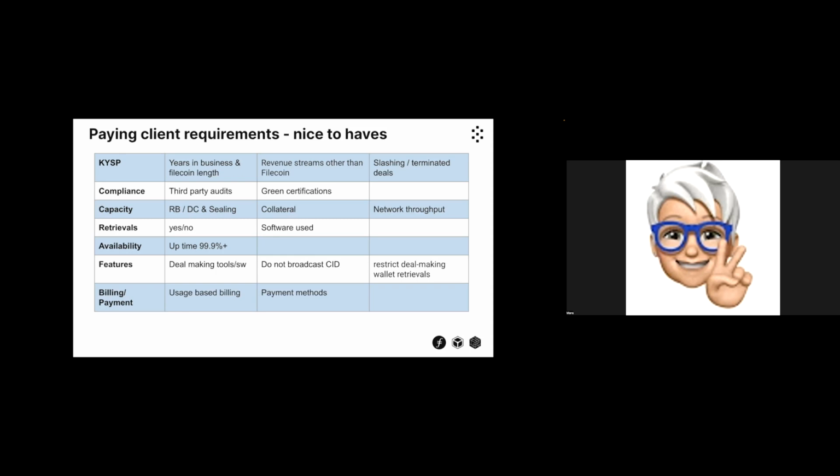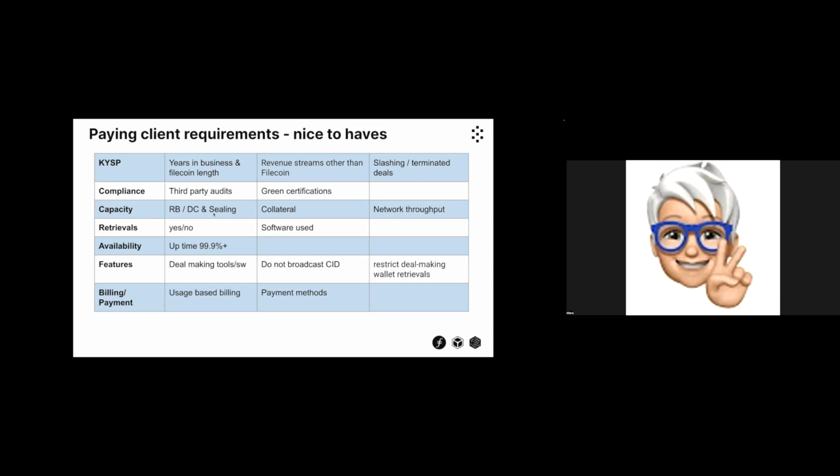It's part of understanding and knowing the service provider in terms of how stable are they? Is this just Filecoin? Because that may have a risk profile to them that is higher or lower, probably higher to them than if they know that this is a diversified business that has multiple lines of revenue, then it is a lower risk profile. What kind of slashing and terminated deals exists?